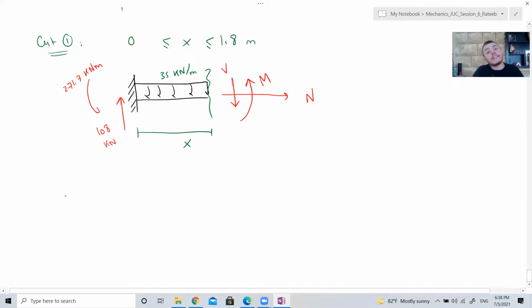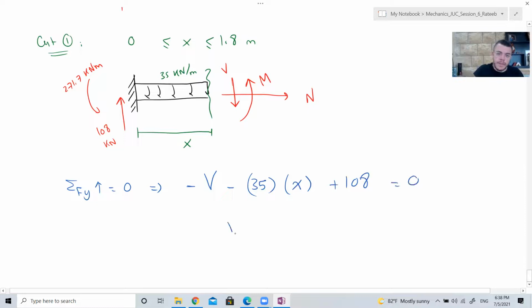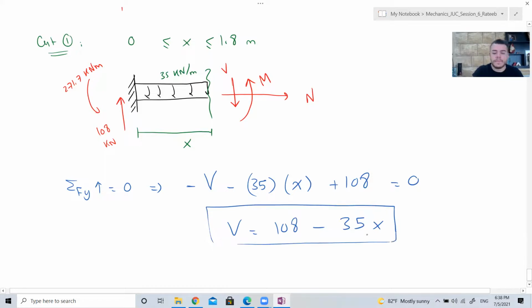So to find the shear and bending moment as a function of x, I'm going to apply the equations of equilibrium. First, the summation of Fy equals 0: minus V minus 35 times x plus 108 is 0. So V is 108 minus 35x. Agreed?